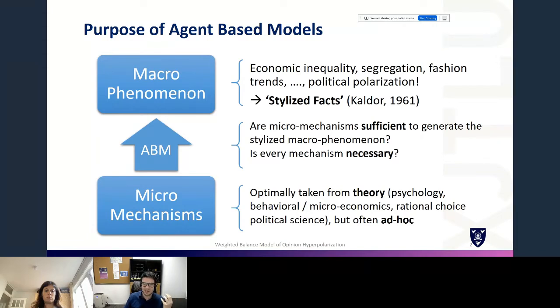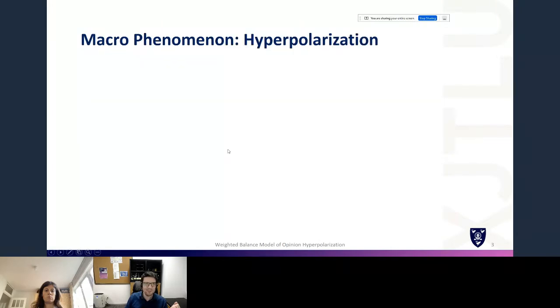And also, is every micro mechanism really necessary to generate this macro phenomenon? So this is what Epstein calls generative sufficiency, and the whole model basically is what Epstein called a generative explanation. I hope that was not too abstract.